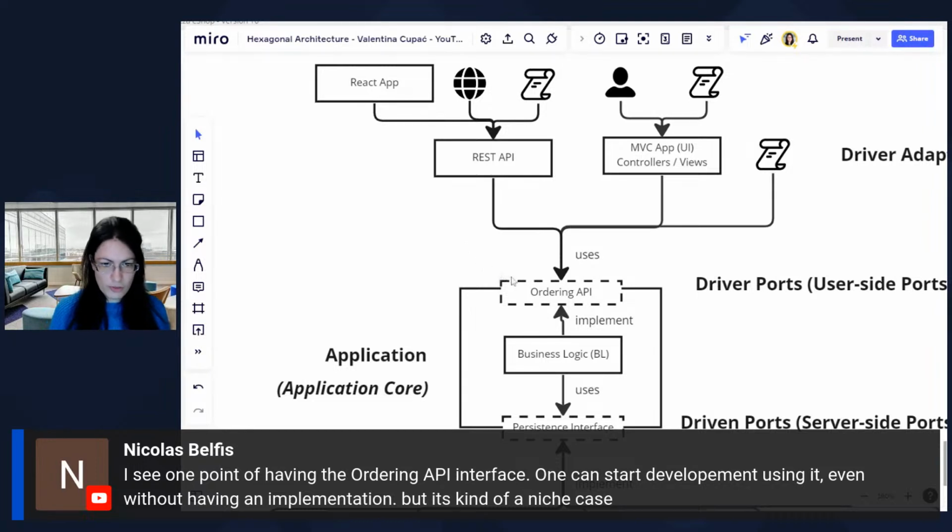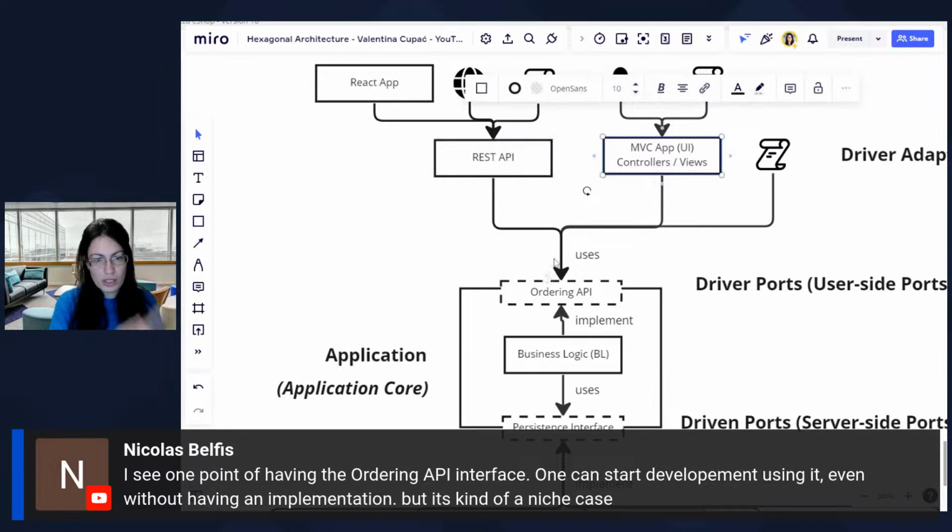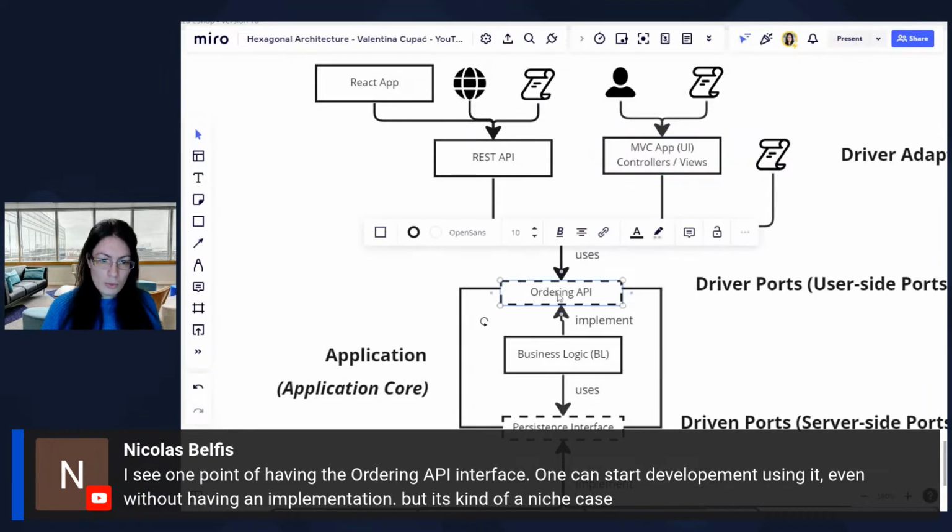The other motivation is that it prevents leakage of the business logic. If the REST API and MVC app can only have access to an interface, which is quite restrictive in what it exposes, this interface might consist of just a few methods: create order, cancel order.